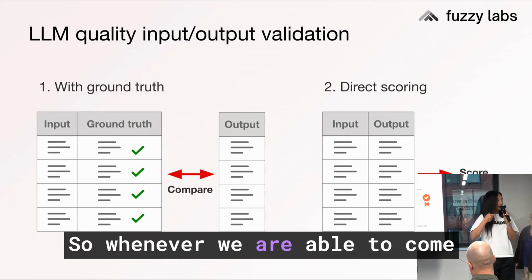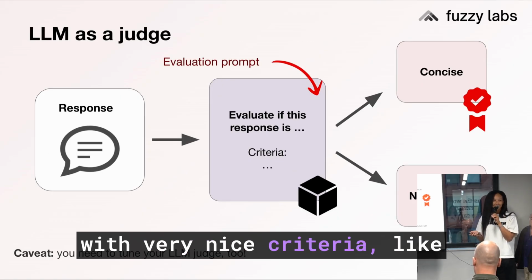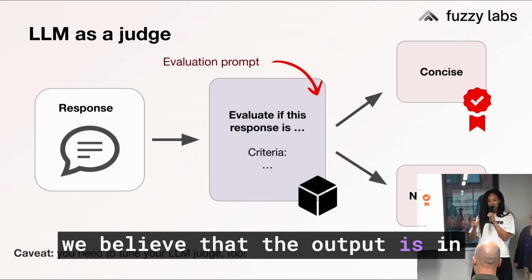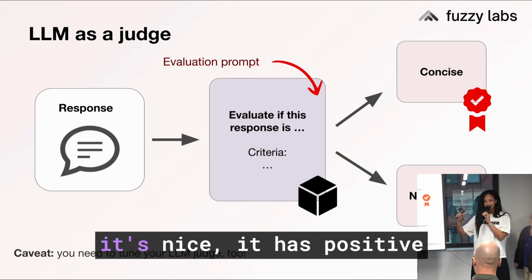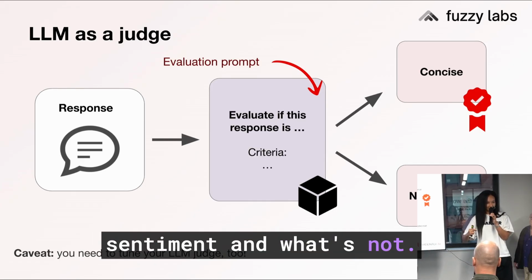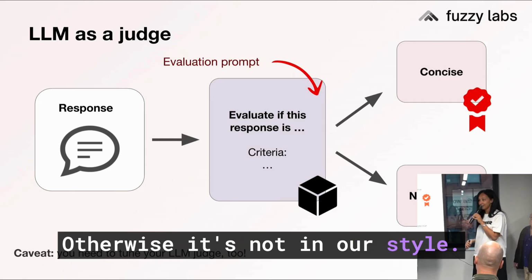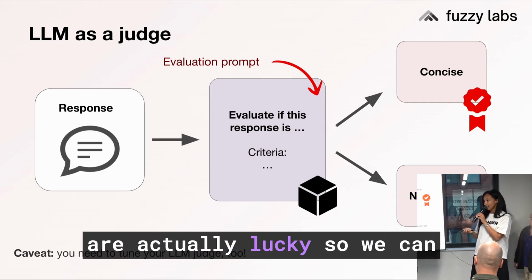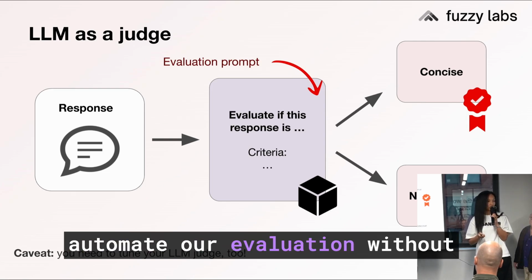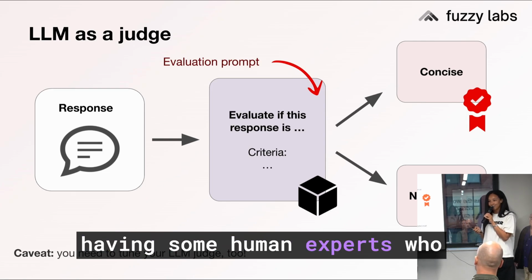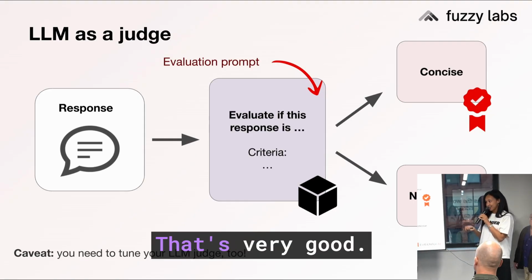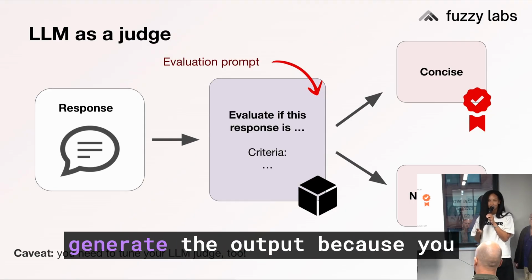Whenever we are able to come up with good criteria, like we believe the output is in corporate style if it's polite, nice, has positive sentiment, and otherwise it's not our style, we are actually lucky, because we can automate our evaluation without human experts who literally read one by one and say nice, nice, not nice, right? That's very good, and much easier than generating the output.